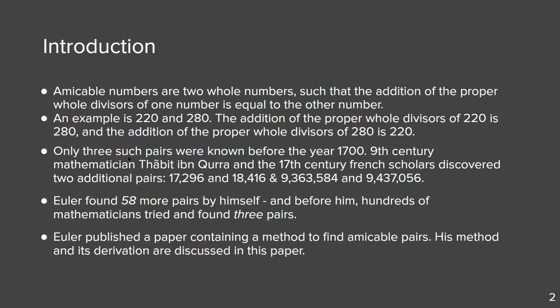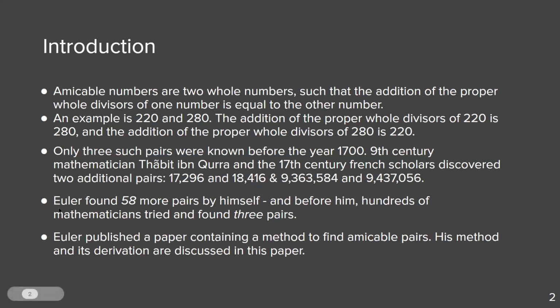Only 3 such amicable pairs were known before the year 1700. The 9th century mathematician Thabit ibn Qurra and the 17th century French scholars discovered two additional pairs, 17,296 and 18,416, and these are two big numbers.